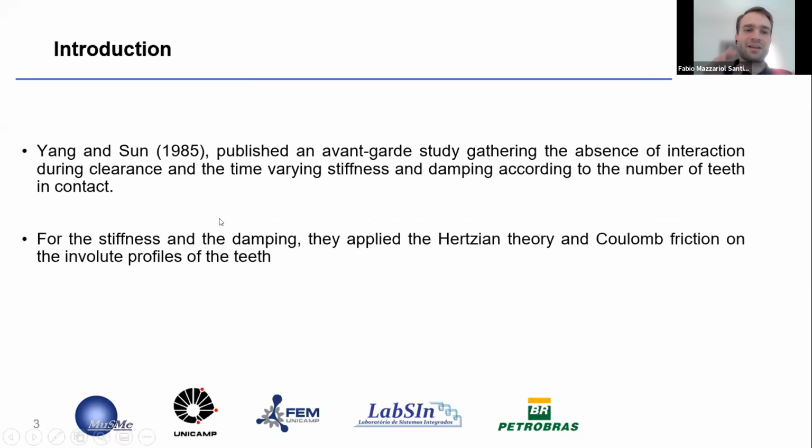It's more or less old for cutting edge articles, from 1985, but it's good for a first implementation. It has just simplified stiffness and damping between the gear teeth. So we decided to start from this model.